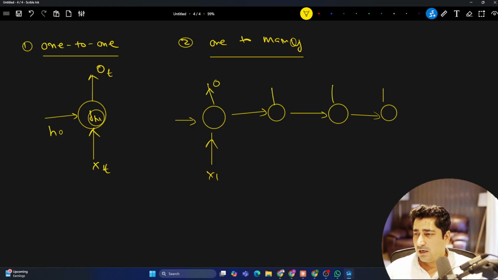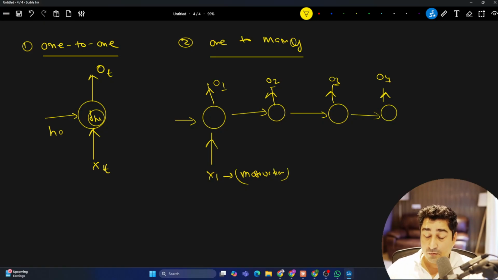We have output number one, output number two, output number three, and output number four. Let's suppose I give motivation as an input. It should generate outputs 1, 2, 3, 4. Based on this input, it should generate maybe a motivational keyword, maybe a motivational song, something like that. So this kind of use case, but the base model is the same.